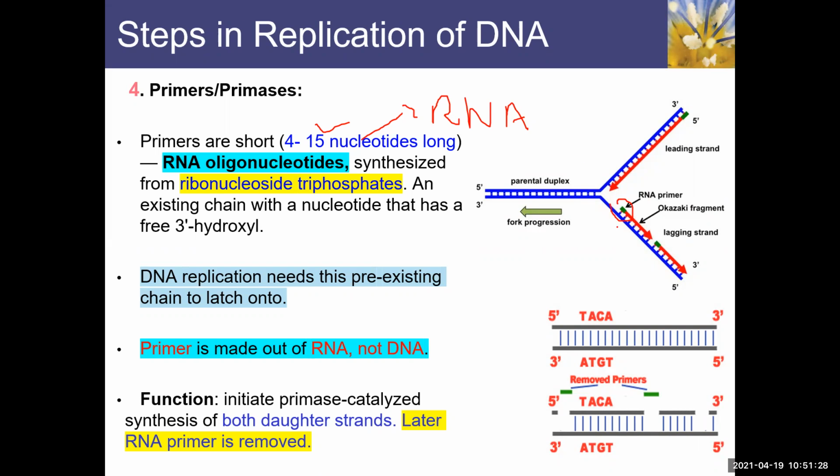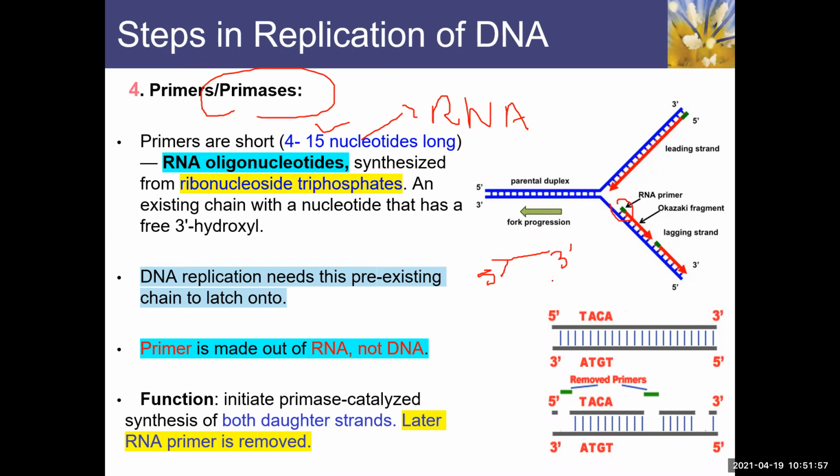Then we have an enzyme here called the DNA primase enzyme. Yes, synthesized by the primase. You're right, Mohammed. So primase is the enzyme which actually synthesizes these primers, and these primers are required for DNA synthesis. Let's say this is a primer, with a 5' and a 3' end.